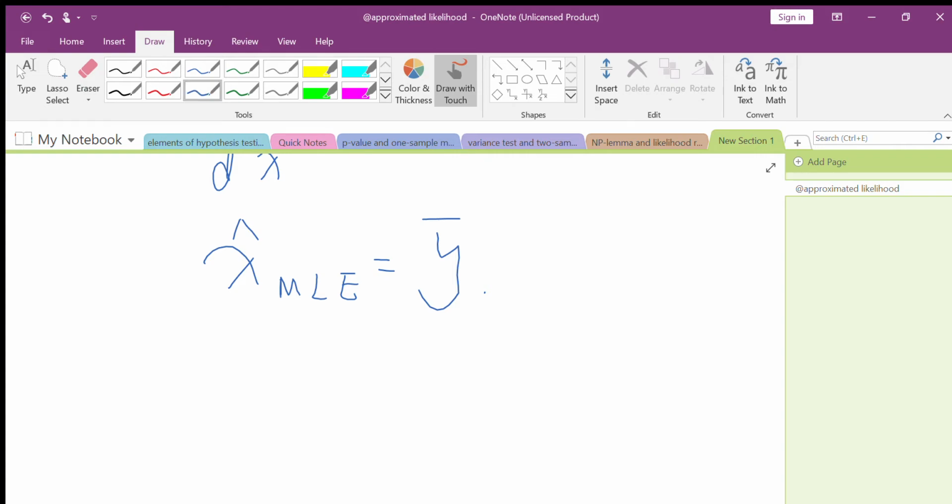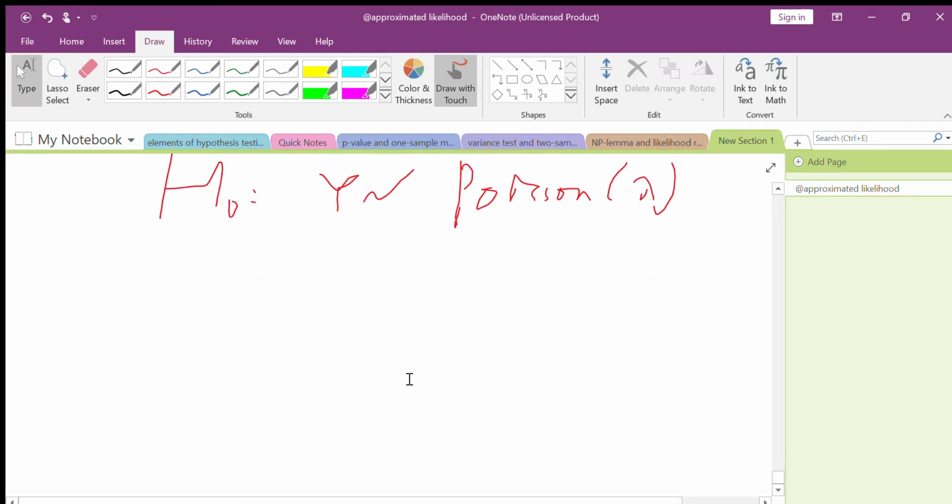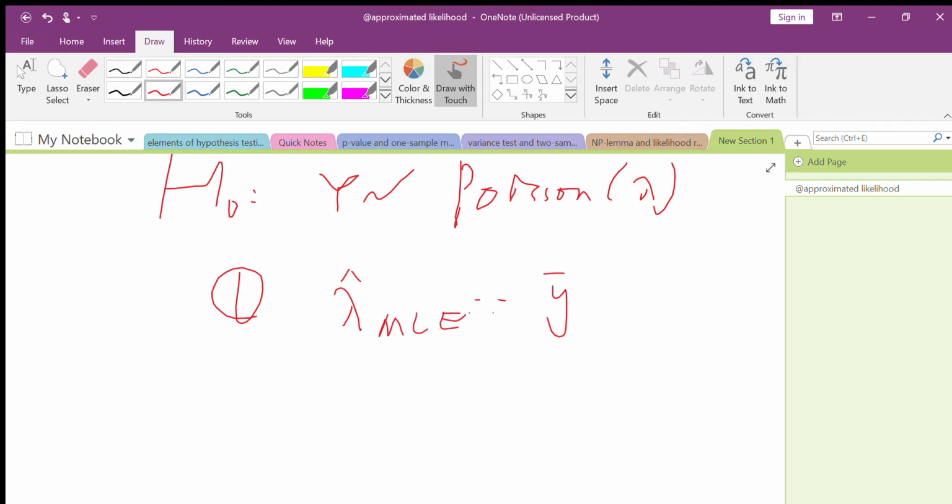So H now is capital Y follows Poisson. So using the principle of maximum likelihood, first we get lambda hat MLE equals Y bar. But we would like to translate this alternative to the null hypothesis in the chi-square test statistic.